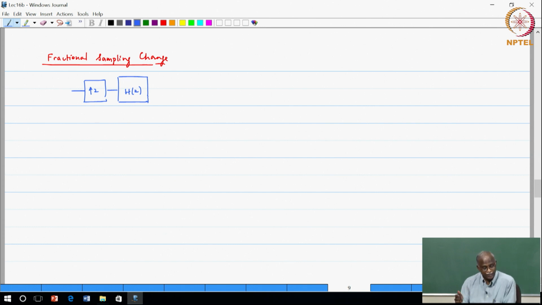It will also serve as my anti-aliasing filter, and downsampling by a factor of 3. Okay, it is a 2 by 3 rate conversion, and of course the anti-aliasing filter requirements will dominate. So this will be more like an anti-aliasing filter because it will be cut off with pi over 3.